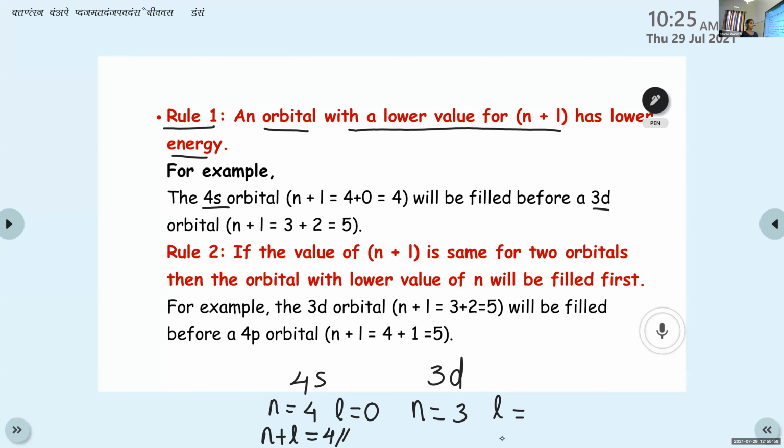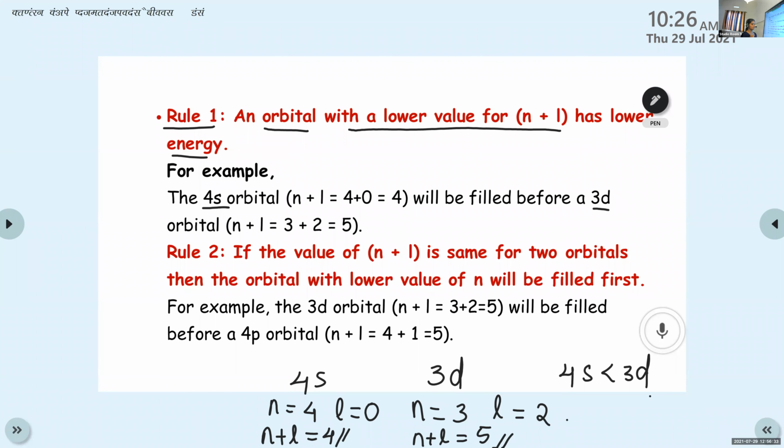When we compare 4s and 3d orbital, 4s has lower energy compared to 3d. That's why we follow the order 1s, 2s, 2p, then 3s, 3p, then 4s, 3d. That's why we write the 4s orbital before 3d in the increasing order of their energies.